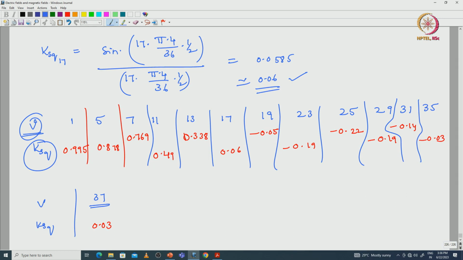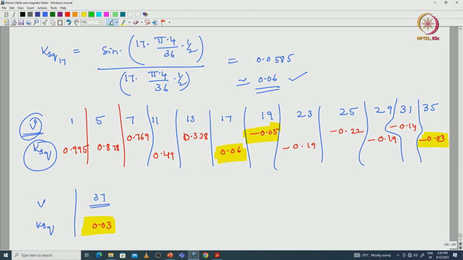From these numbers we can visualize that for the slot harmonics, the 17th and 19th are the first order slot harmonics, and 35 and 37 are the second order slot harmonics. These are the four first order and second order slot harmonics. Skewing values are very low.